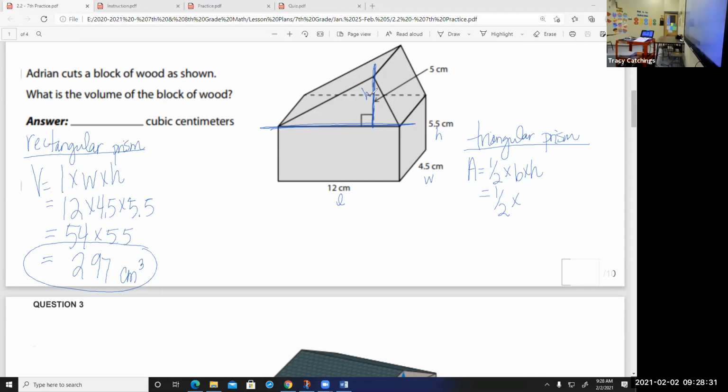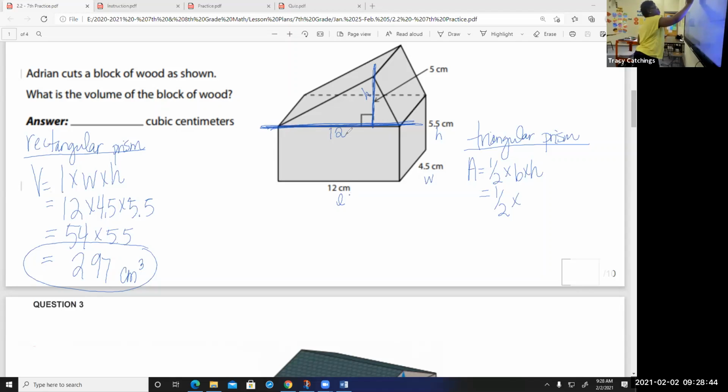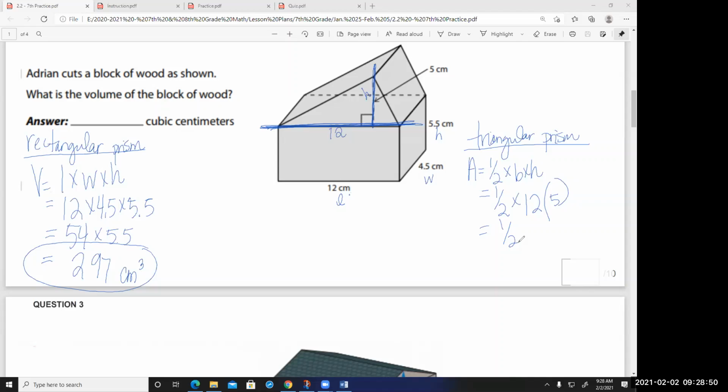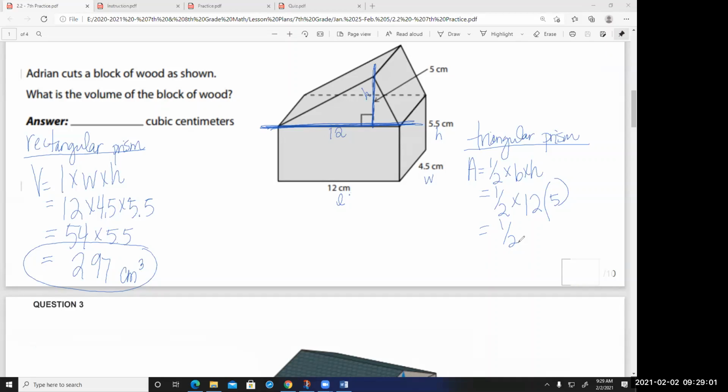What's the base of the triangle? 12. If I drew a blue line that goes across, that's gonna be whatever the rules of a rectangle. 12 times 5. 60. Half of 60. 30. Good job.